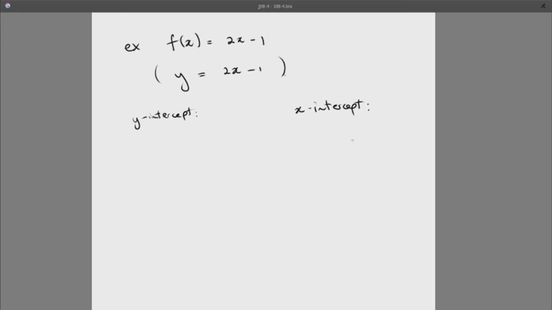How do I find the y-intercept? For this and really any function, I set x equal to 0. So let's do that. Set x equal to 0, and it's as simple as plugging in 0 for x, and then I get y equal to negative 1.